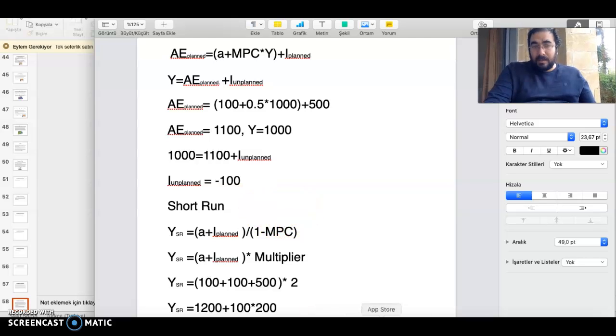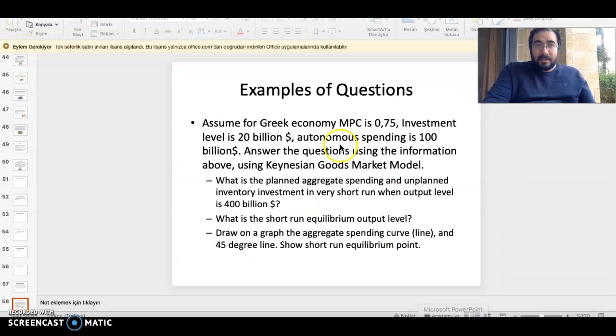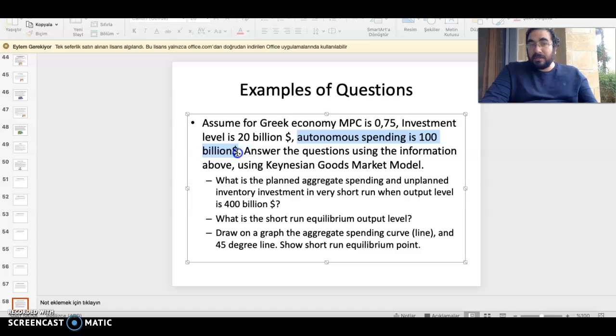Basically, investment spending is 20. Autonomous spending is 100. Well, that means actually we have autonomous consumption spending, which is 80. So basically, if I just give autonomous spending, you can take this number. So if I write instead here autonomous consumption spending, in that case you should add them up and find 120.